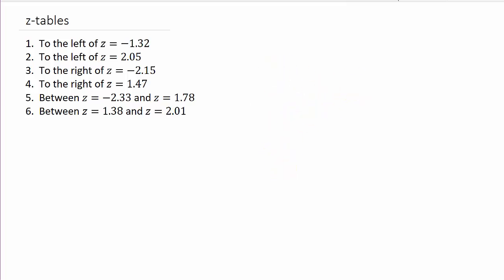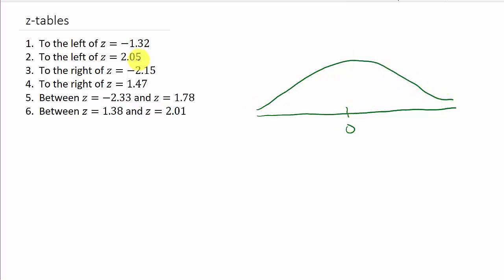Alright, now let's look at the next one. We want the area to the left of 2.05. If we draw this out, there's 0, and 2.05 would be about right in here, and we're looking for the area to the left of that z value.